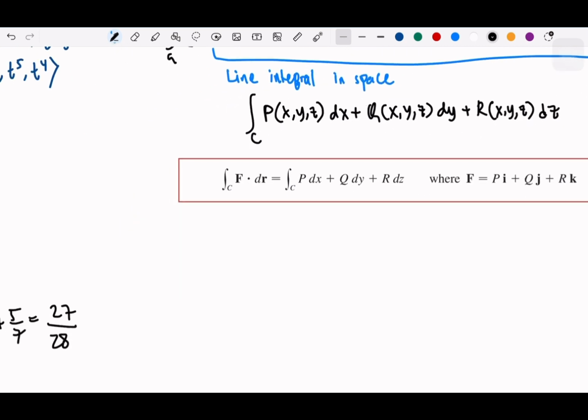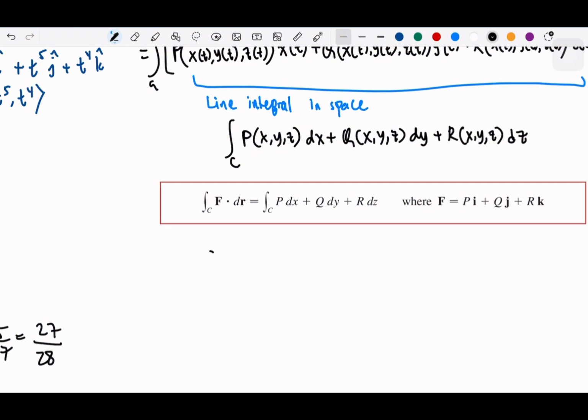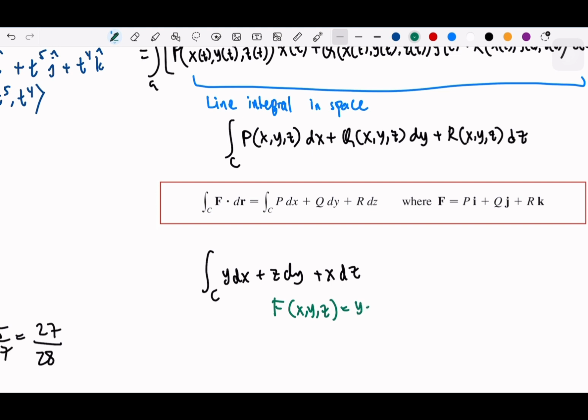So if we have, for example, y dx plus z dy plus x dz, we can say that F, based on this structure, we can write as yi plus zj plus xk.